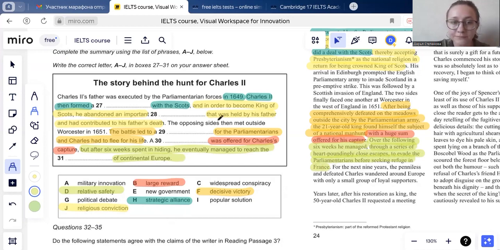Okay, so after 6 weeks spent in hiding, over the following 6 weeks, to reach their relative safety of continental Europe.